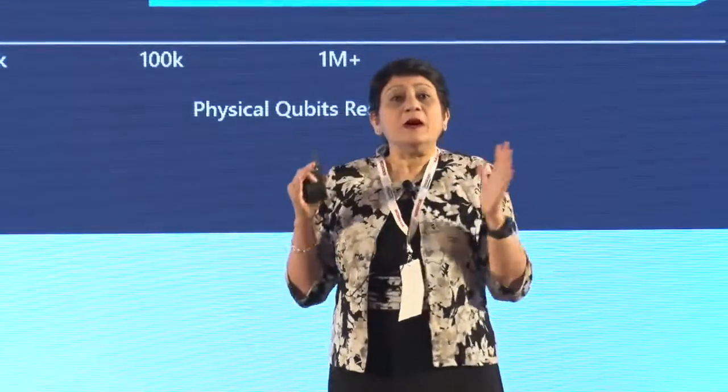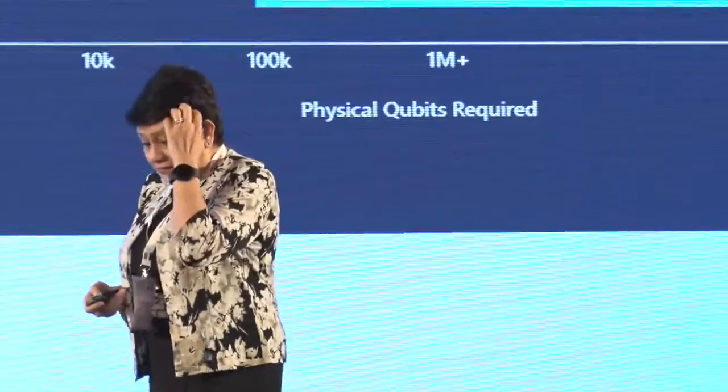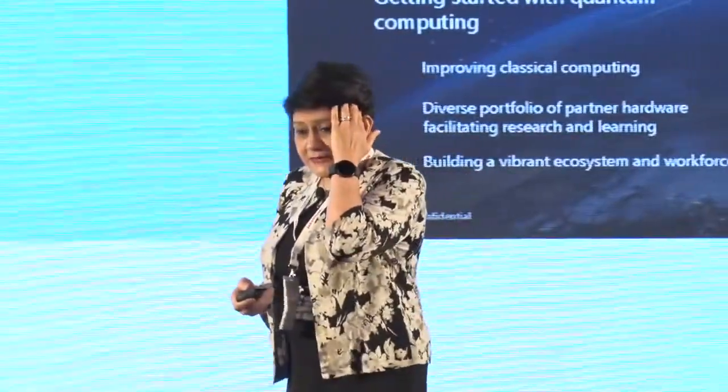Some of these big problems. But we are not there yet. So what does that mean? That means that in the interim, there has to be a better way to, one, harness what we have, and two, prepare for a world where quantum computing will be available at scale.